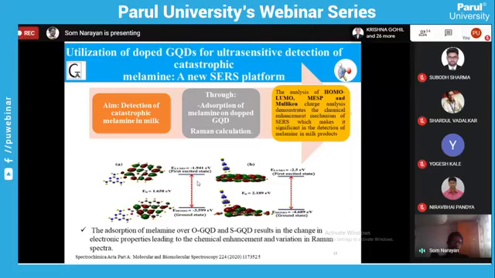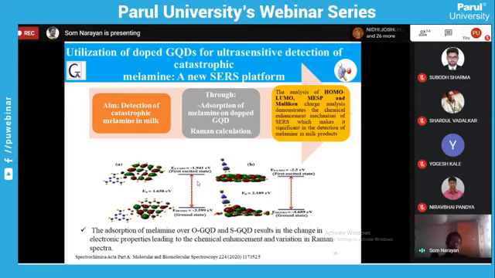In China, many infants died due to the addition of melamine in milk. So detection of melamine in milk products is very crucial, but unfortunately, the detection sensitivity is very low in the case of milk. So we have to enhance it. We use surface enhanced Raman spectroscopy to enhance the peak of melamine.